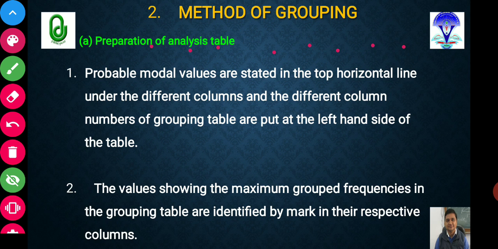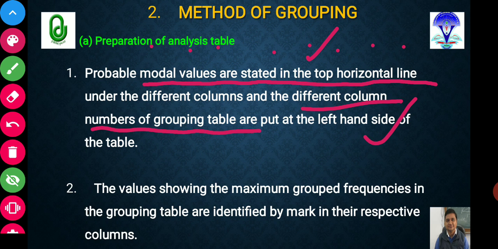So already we have written the probable model values in the top horizontal line, and the different column numbers of the grouping table we have also put on the left-hand side. Then second, the value showing maximum grouped frequency in the grouping table is identified by a mark in the respective column.